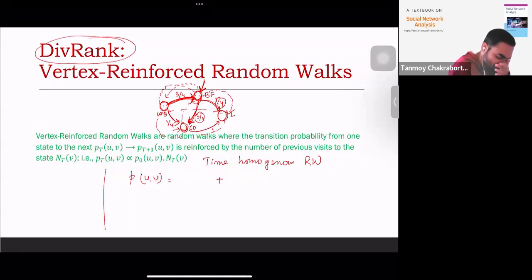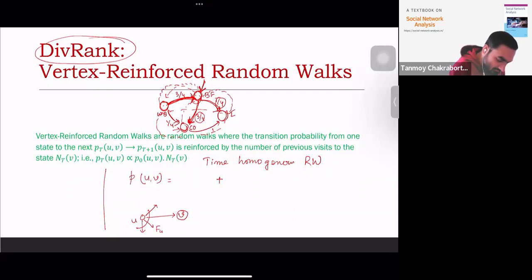What are the factors? Again, you are at node U, and you are trying to understand the probability to move to V. And remember, U has other links. What are the links? We have already mentioned that these forward links are denoted by F_U.